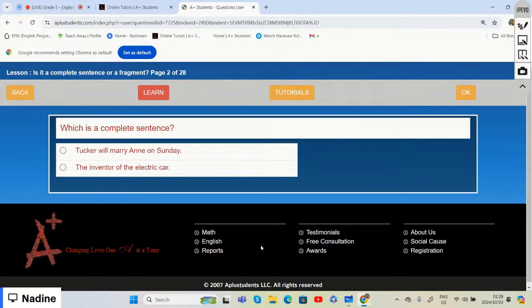It says, which is a complete sentence? Option one, Tucker will marry Anne on Sunday.